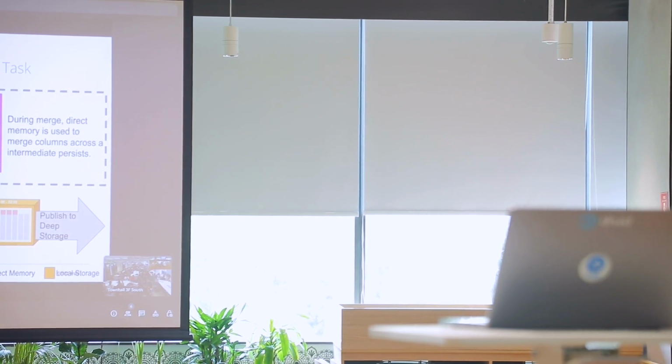I did some benchmarking a couple of years back, and comfortably, Druid can handle 25 GB of data per hour by one task, which means effectively one thread.